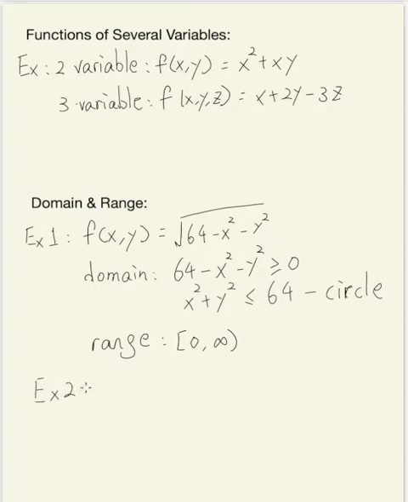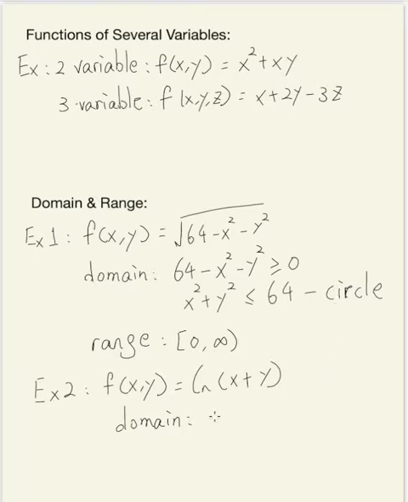Example 2. Again, two variables, f of x and y equals, say, ln of x plus y. Let's look for the domain. Well, what's the restriction on ln? Ln makes sense whenever the argument following ln is positive.